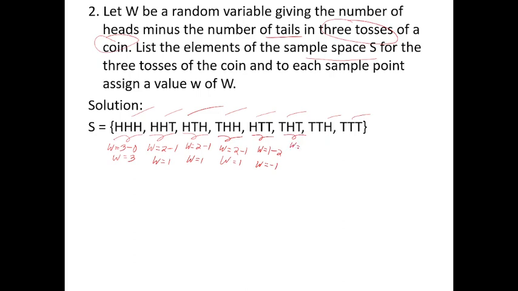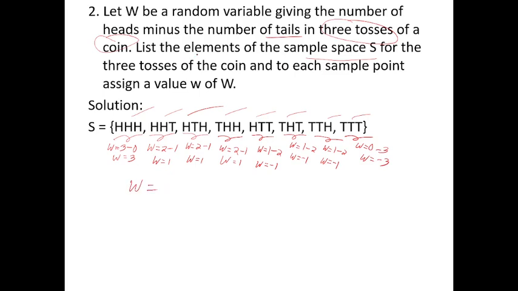Here, number of heads 1, number of tails 2, so negative 1. Again, number of heads 1, number of tails 2, so we have negative 1. Here, number of heads 0 minus number of tails 3, so negative 3.